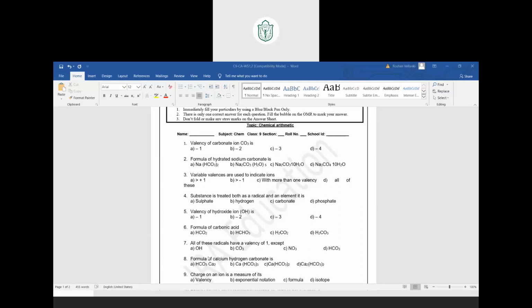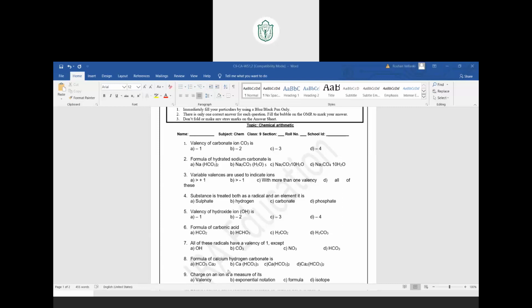All of these radicals have valency 1 except option B, which is carbonate. Carbonate is CO3 minus 2, right?